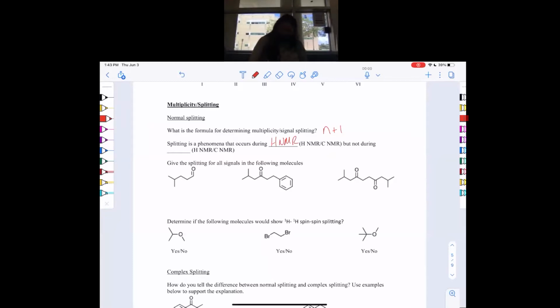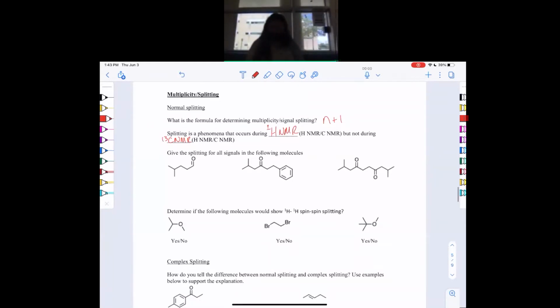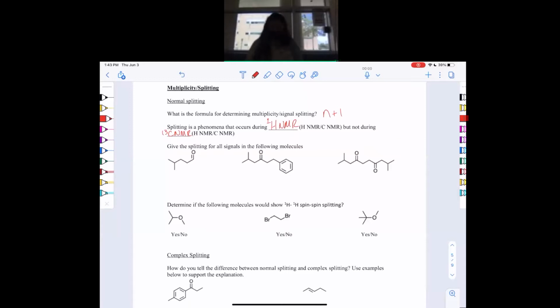It absolutely does not happen in CNMR. So you guys are totally correct. Okay, so we are going to do one splitting example. You can do the other two on your own, and then we're going to move on.